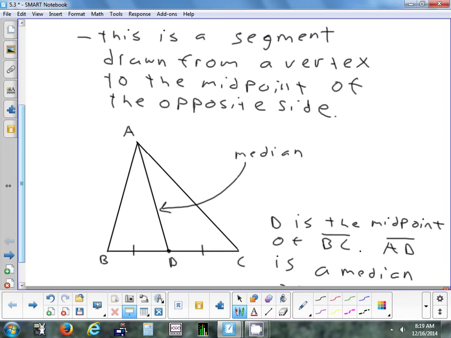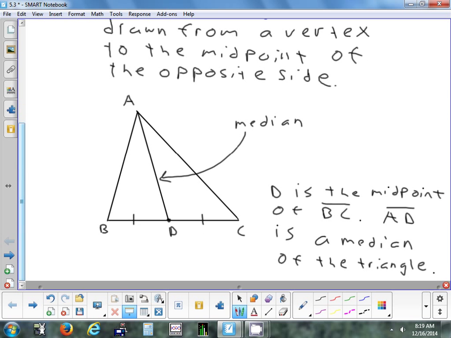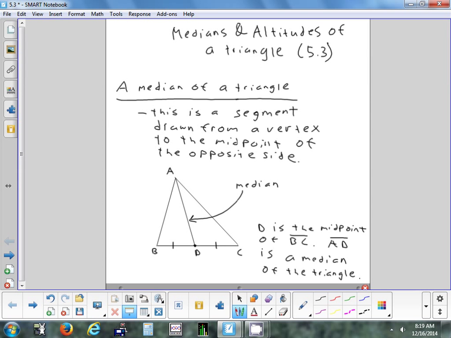So if you draw in segment AD from a vertex to the midpoint, AD is a median of triangle ABC. Okay, any questions on that? That's a median.